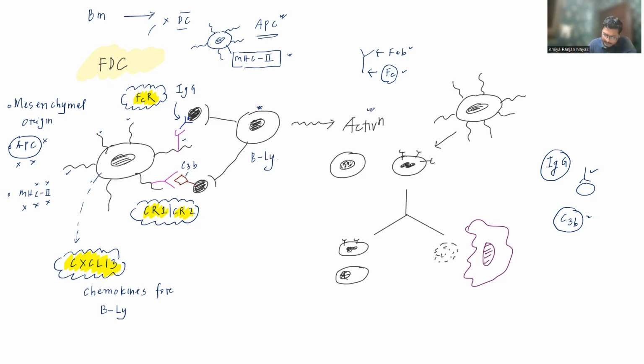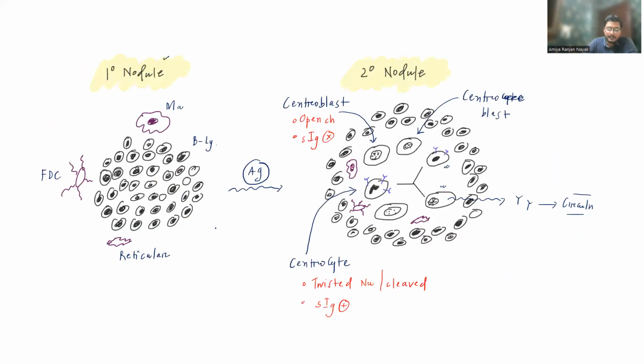This process is happening at the outer area of the follicles. Those follicular dendritic cells which are present at the outer part of the follicles can hold these antigens so that the B lymphocytes can recognize these antigens. Once they hold the antigens which are recognized by the B lymphocytes, the B lymphocytes will be activated.